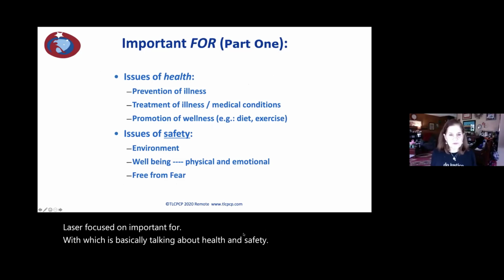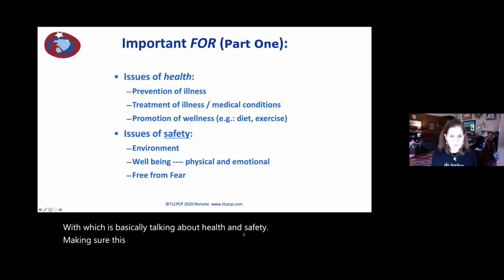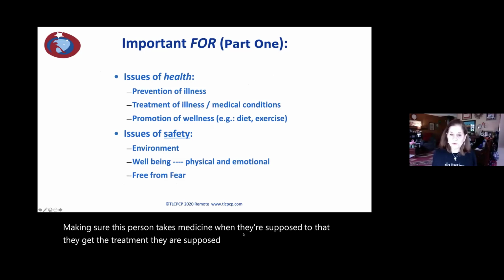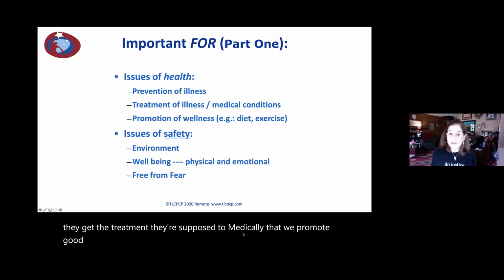It's making sure this person takes medicine when they're supposed to, that they get the treatment they're supposed to medically, that we promote good health and wellness. We keep them safe. We don't want to take any unnecessary risk where they could get hurt.